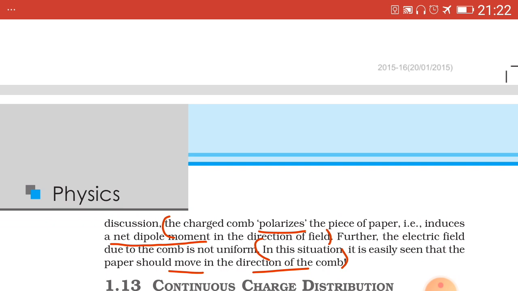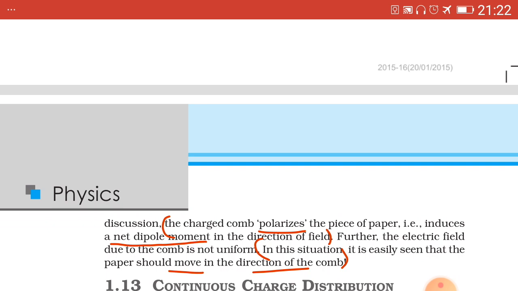So the small pieces of paper should move in the direction of the comb, as the net force due to the non-uniform electric field acts on it.